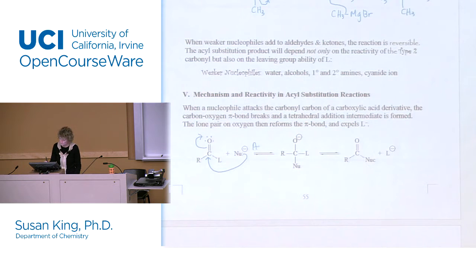That's addition, which I'll abbreviate add. Here's our tetrahedral intermediate. And then in the second step, elimination, electrons come down and kick off the leaving group. And of course, the overall process is acyl substitution.